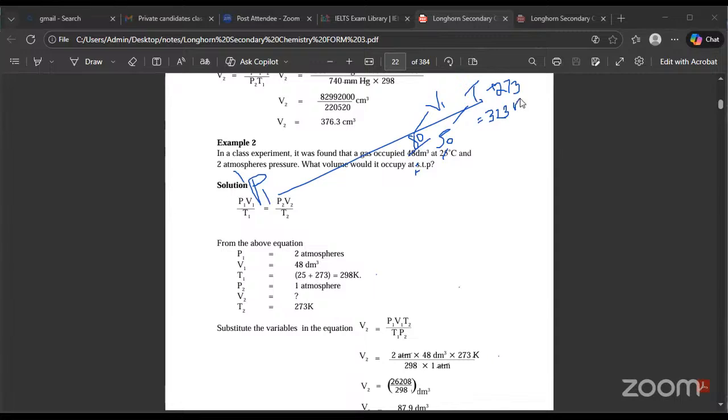Okay, Kelvin. Now, when you go to room temperature and pressure, T2 is the room temperature, which we said is 25 degrees Celsius, which is also 298 Kelvin. And then we have the pressure.